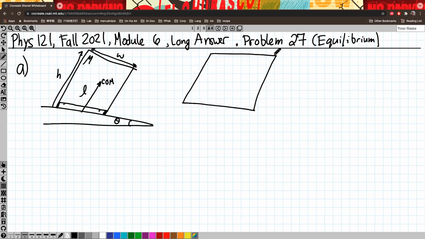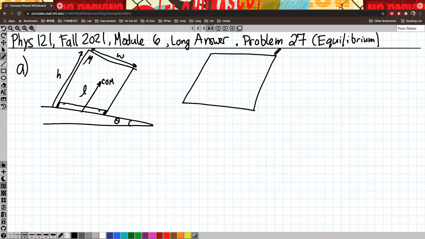If it's in equilibrium, then it's there to counteract the force of gravity, specifically a portion of the force of gravity in the direction along the ramp. Sorry, it's a bit hard to explain.